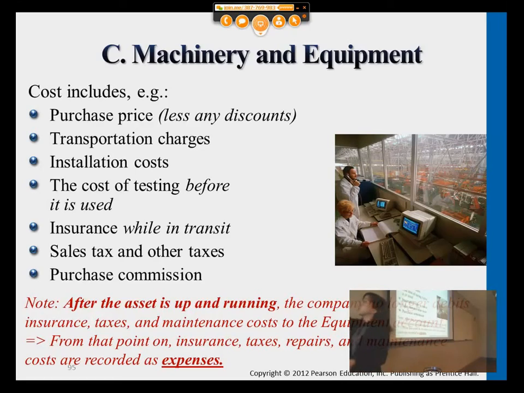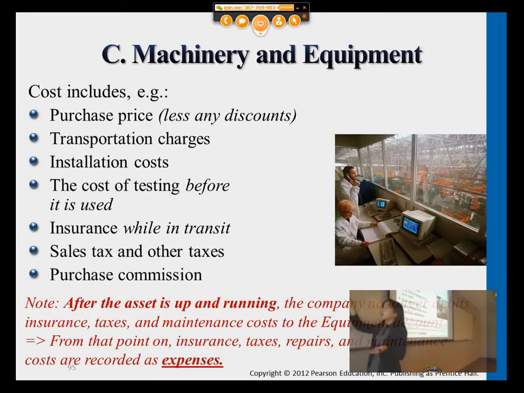Now in cases where it's a major repair, if any part of the equipment or machine broke down and we make a significant change to the machine, for example replacing the entire engine, that actually extends the lifetime of the asset. In that case, for any major repair, we don't consider it an expense. Expense is for a shorter time frame.